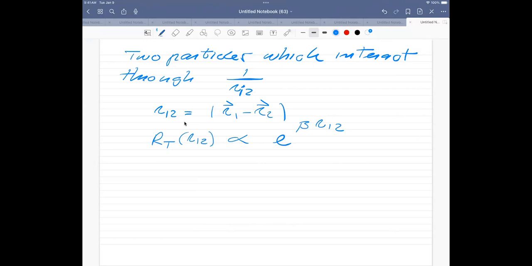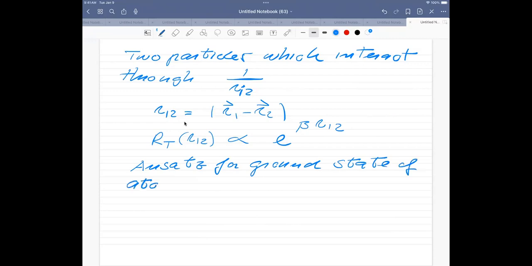So if you now have, let's say, two particles in atomic helium, then you could make an ansatz for the total wave function for the ground state. So you could think of this as atomic helium.